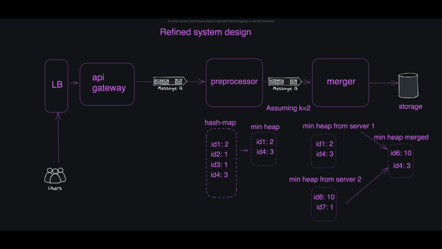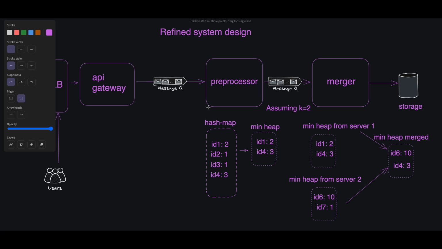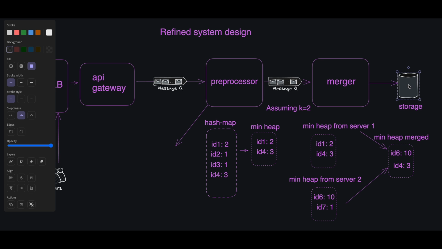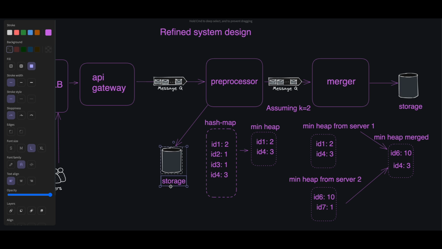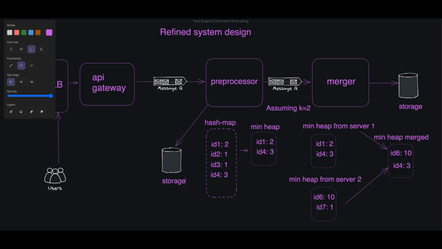I guess we can say that we're going to be storing these hash maps of 1 minute into storage. This will allow us to save some space and ease our task. But generally, if you want the best granularity possible, you would need to go from the messaging queue to storage, not from the preprocessor to storage. All right, so basically, let's just copy another storage, and maybe let's specify that it is a distributed file system.